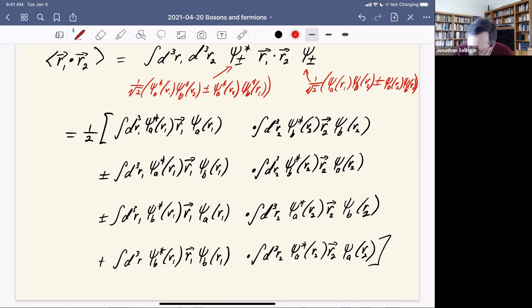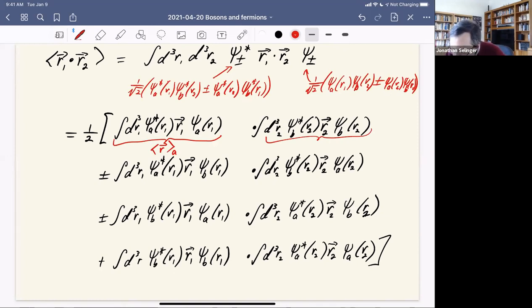In the first line, suppose we look at this term. This is the average of a position, R1, associated with a state A. It's a position in a state. We could call it the average of R associated with state A. Here, it's the same thing.